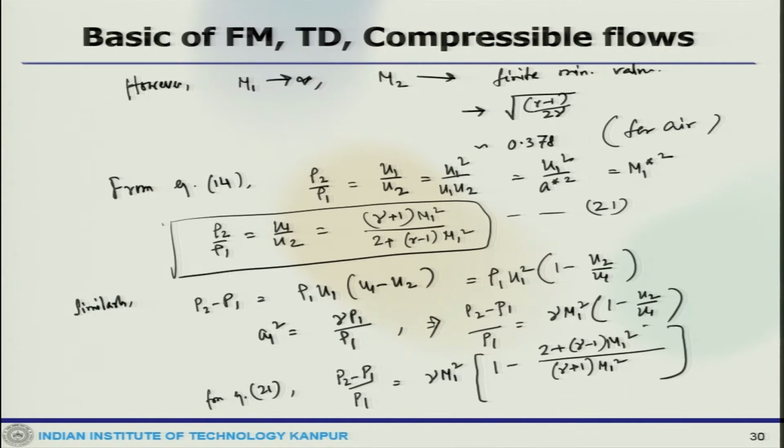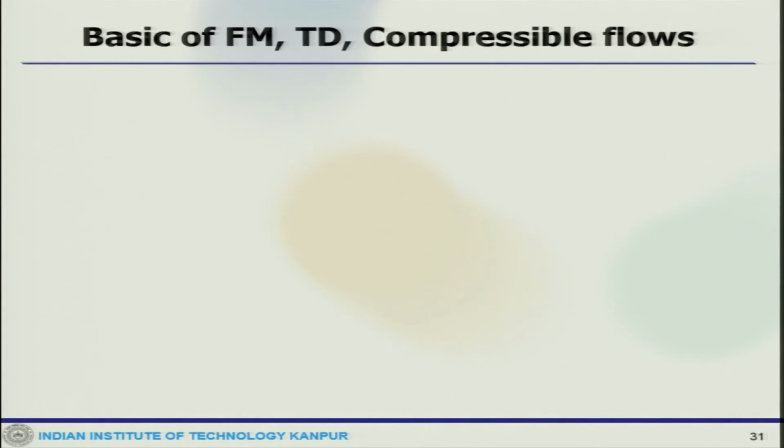So, p 2 by p 1 is 1 plus 2 gamma by gamma plus 1 times m 1 square minus 1. Okay.